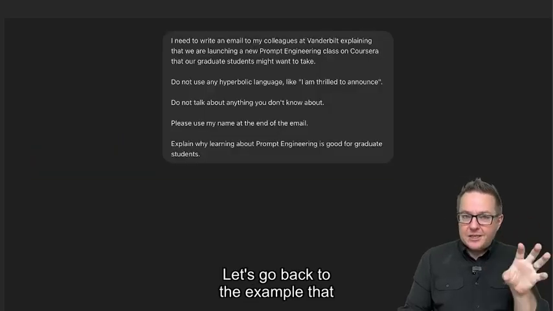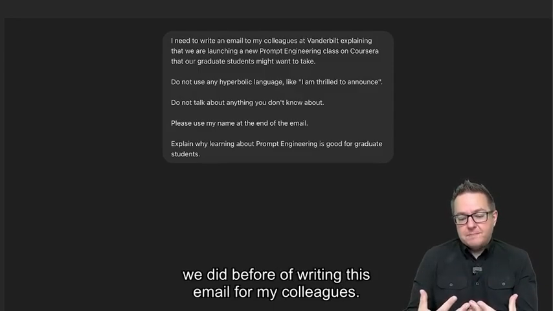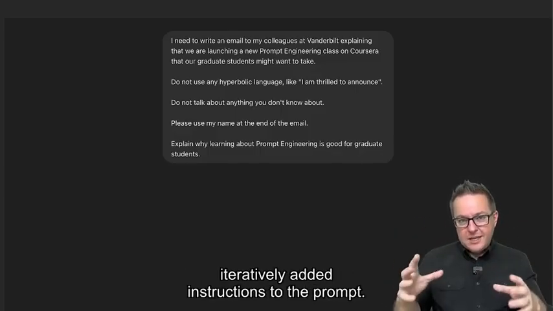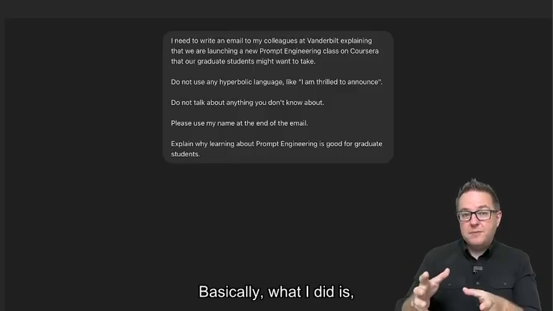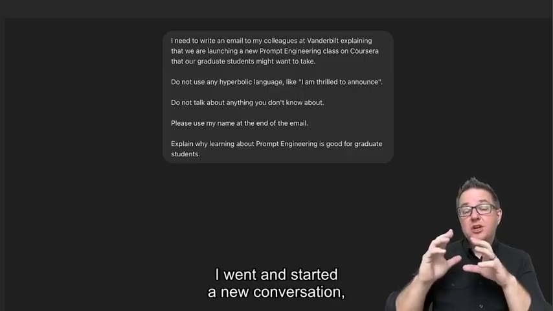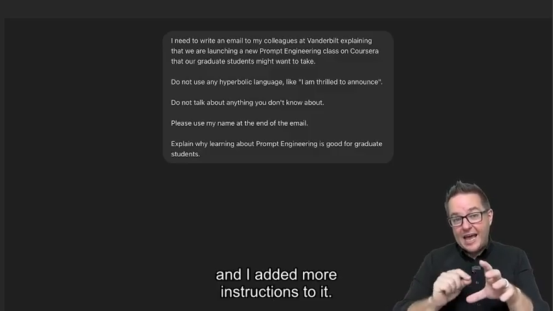So let's go back to the example we did before of writing this email for my colleagues. I had this prompt, and I had iteratively added instructions to it. Basically, I took the prompt, ran it, and got some output. Then I started a new conversation, took the original prompt, and added more instructions to it.